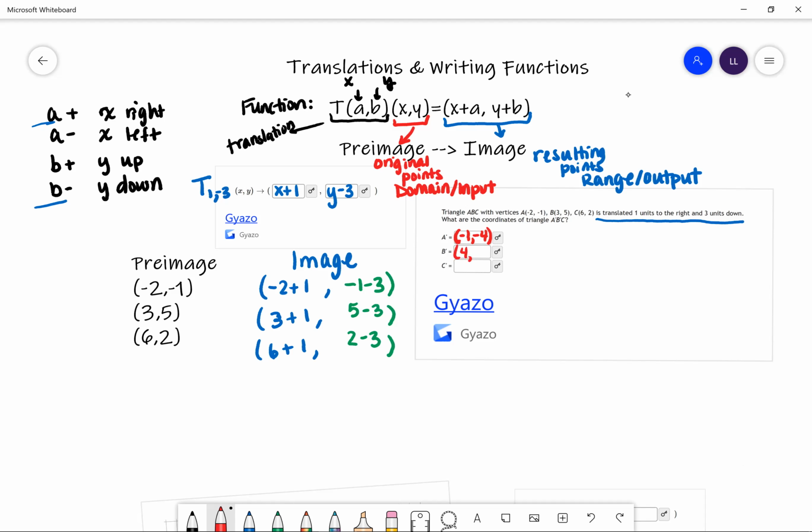Talking too fast. 5 minus 3 is 2. 6 plus 1 is 7. And 2 minus 3 is -1. And that's it. That's how we do that first example. Let's pause right here so you can write things down.